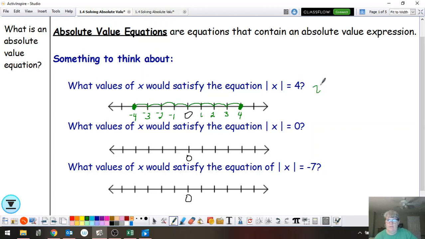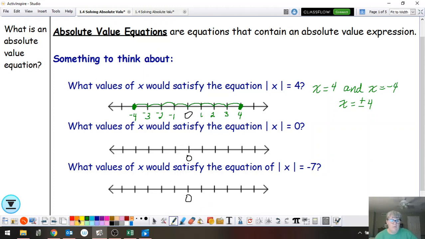So we have x equals 4 as a solution, but we also have x equals -4. Because these numbers are opposites, you may see them written as x equals plus or minus 4 as one answer. But what that expression means is x equals 4 and x equals -4.